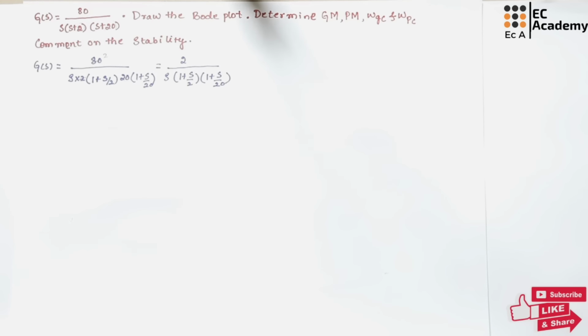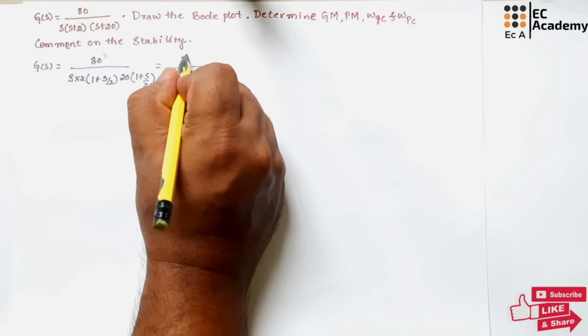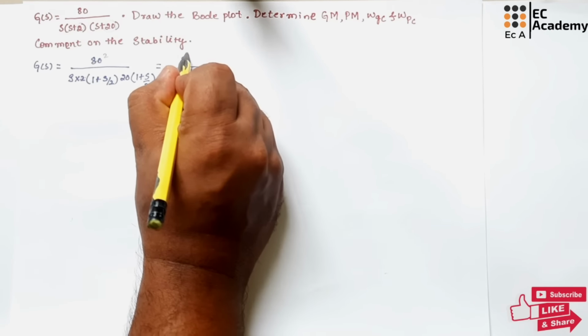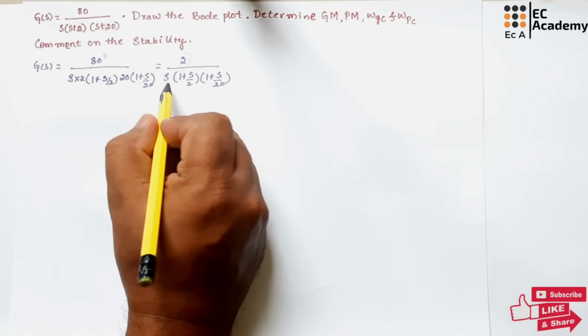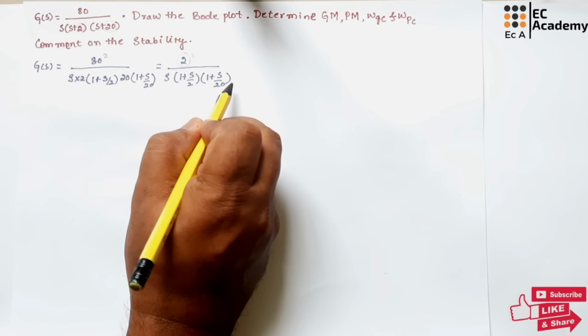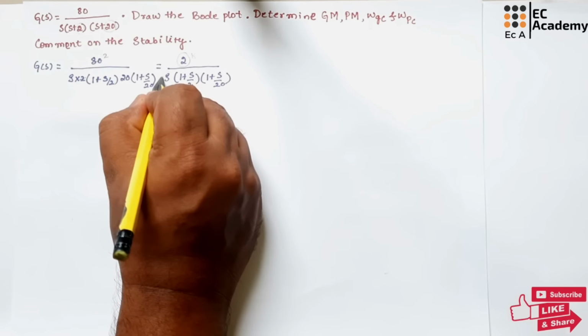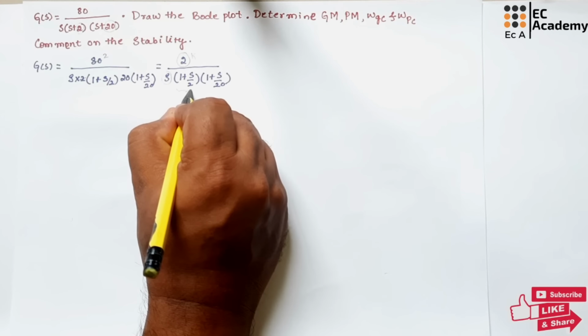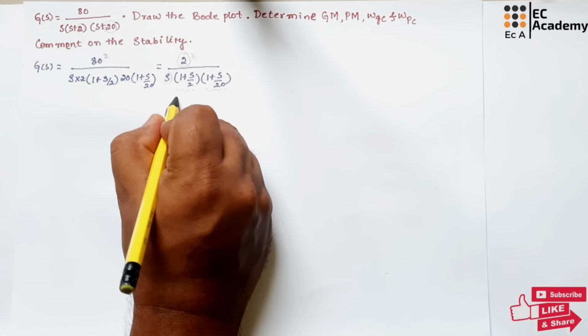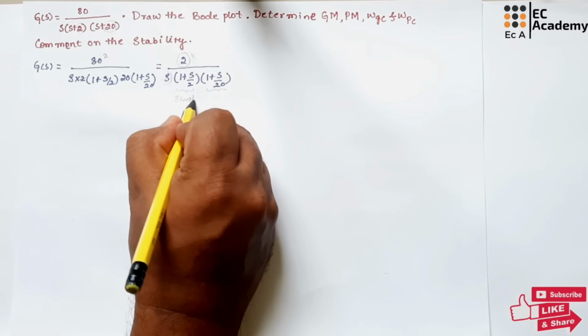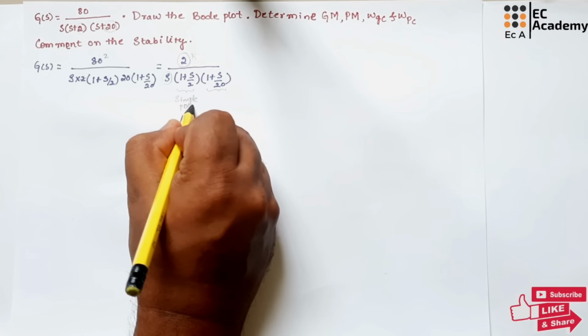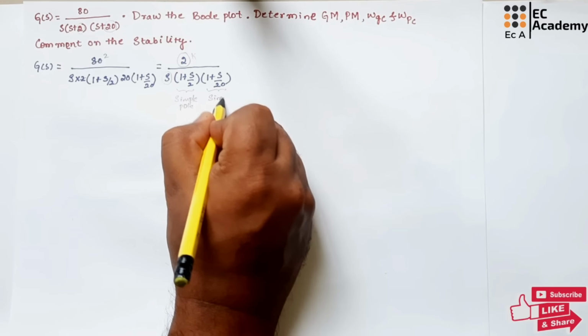So from this we can identify that there is a constant K which is gain value, right? Along with that, here s is equal to 0, there is one pole at the origin and there are two simple poles. So this is one simple pole and this is one simple pole.